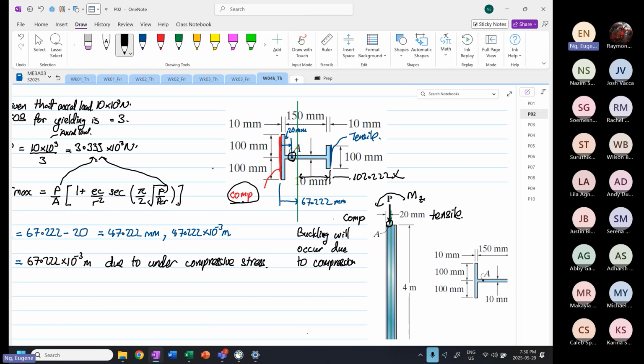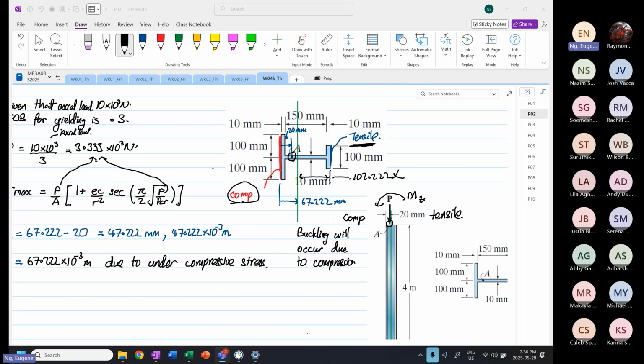We did not take this distance because over here is under what? Tensile. And we did state this before, that buckling analysis is only for a structure that is under what? Compression. I repeat again, the structure will buckle due to compression and not due to tensile.